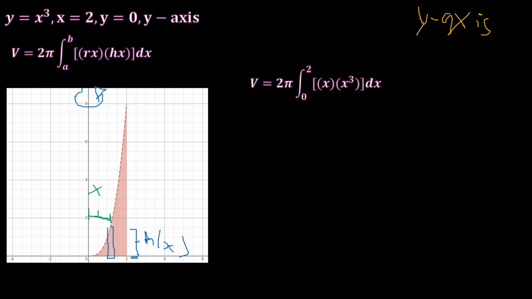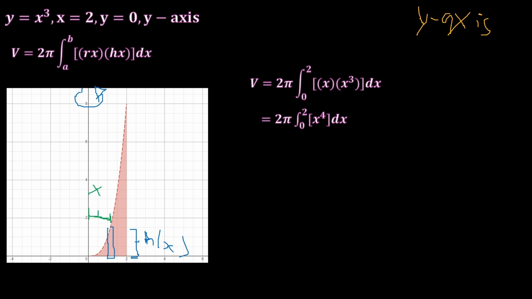If we were solving for an axis of revolution that is the x-axis, the distance from the rectangular strip to that axis of revolution would now be y. But we'll be focusing on that more later. So here, I put on the guide. That's why our radius becomes just x times the function of that height, which is x cubed.